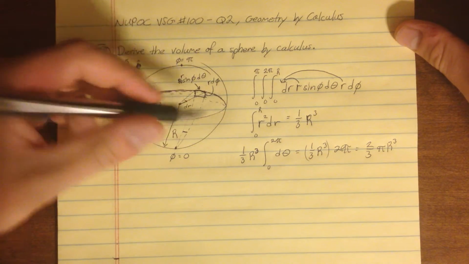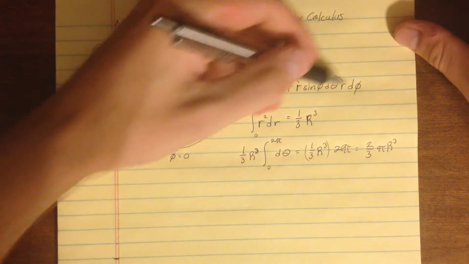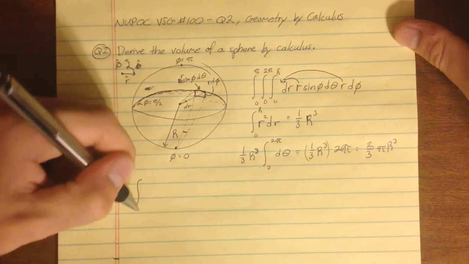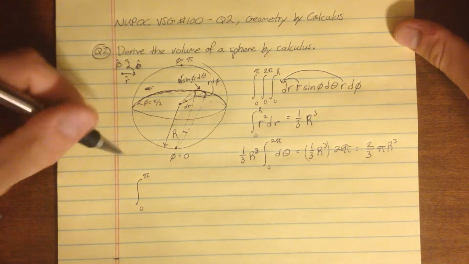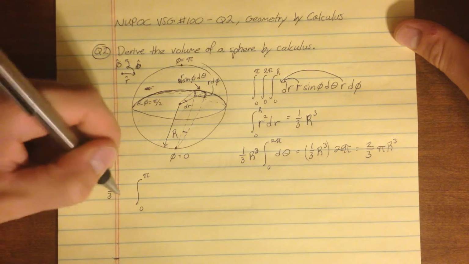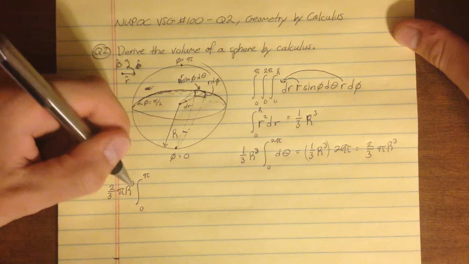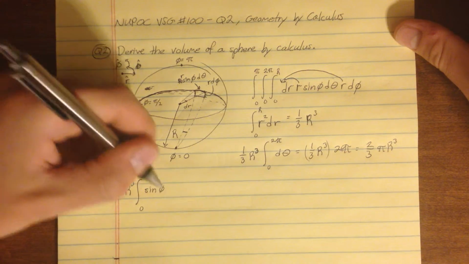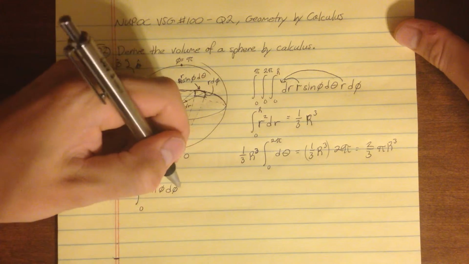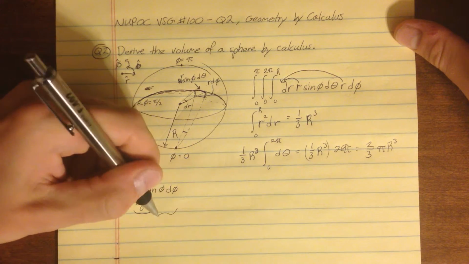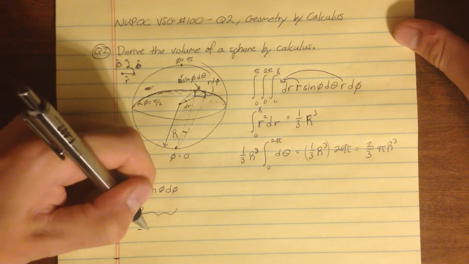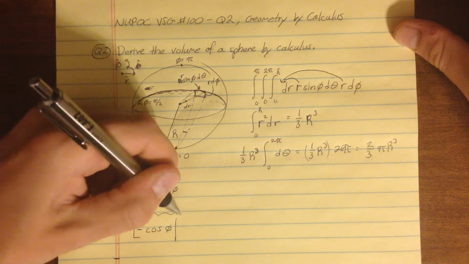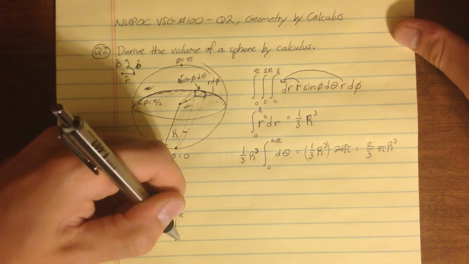Now this is a constant with respect to our third integral over phi. So let's do that integral out over here. We're going from 0 to pi, and out front we have 2/3 pi r cubed. Inside this integral we have sine phi d phi. That is going to equal minus cosine of phi, evaluated from pi to 0.